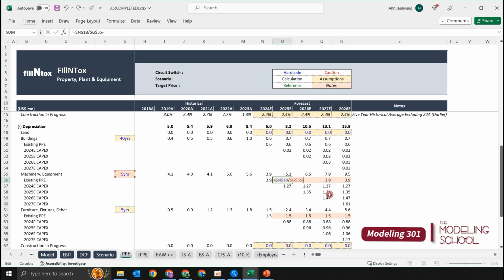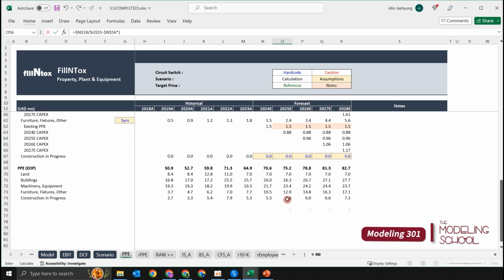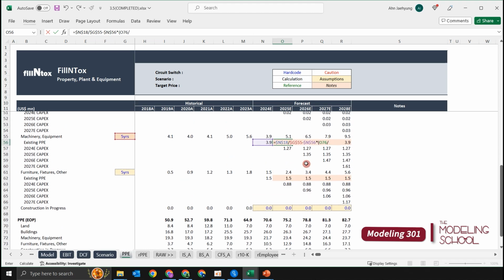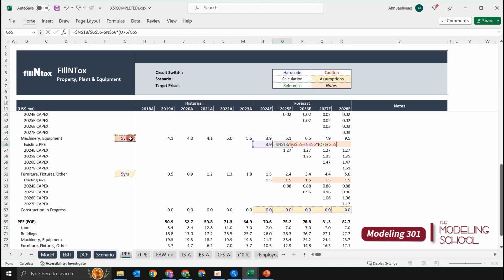So what we're going to do, we're going to subtract this amount, F4, times 1 divided by 5 years, F4.